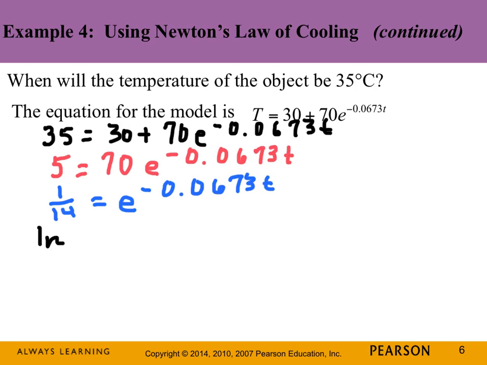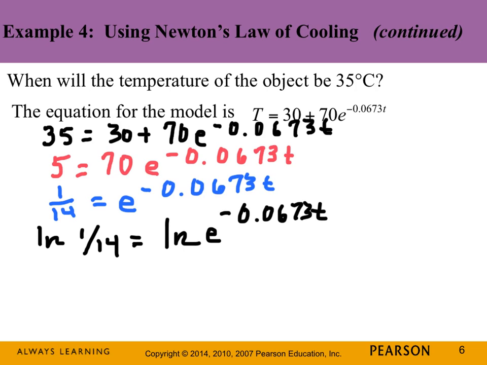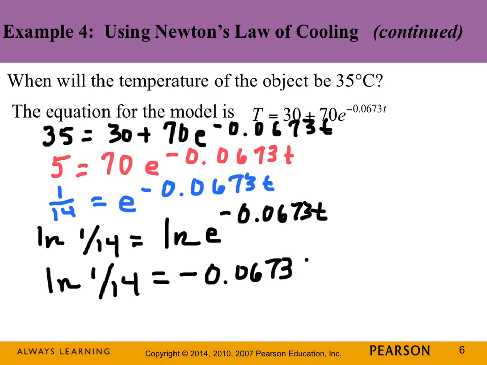The natural log of 1 over 14 equals the natural log of e raised to the negative 0.0673t. So now we have the natural log of 1 over 14 equals negative 0.0673t.